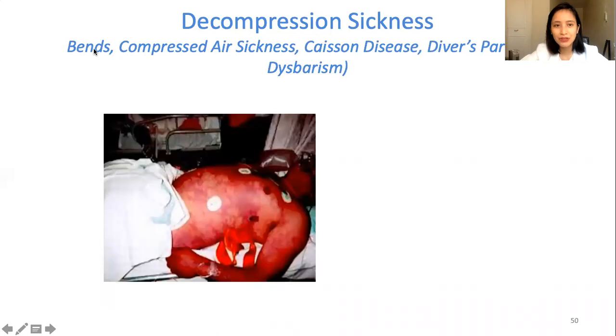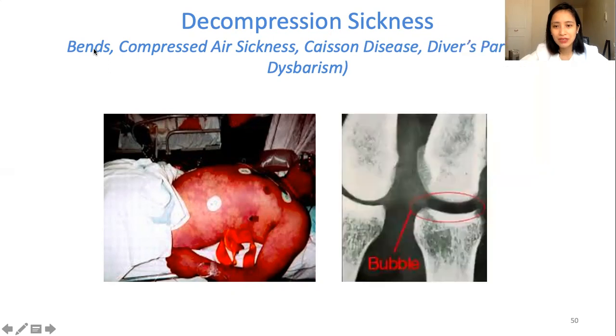So this is a picture of a person suffering from decompression sickness. You can see, this is a bubble. This is a bubble of the nitrogen in the tissues, no? It usually happens in the joints. That's a bubble. The black one, that's air.